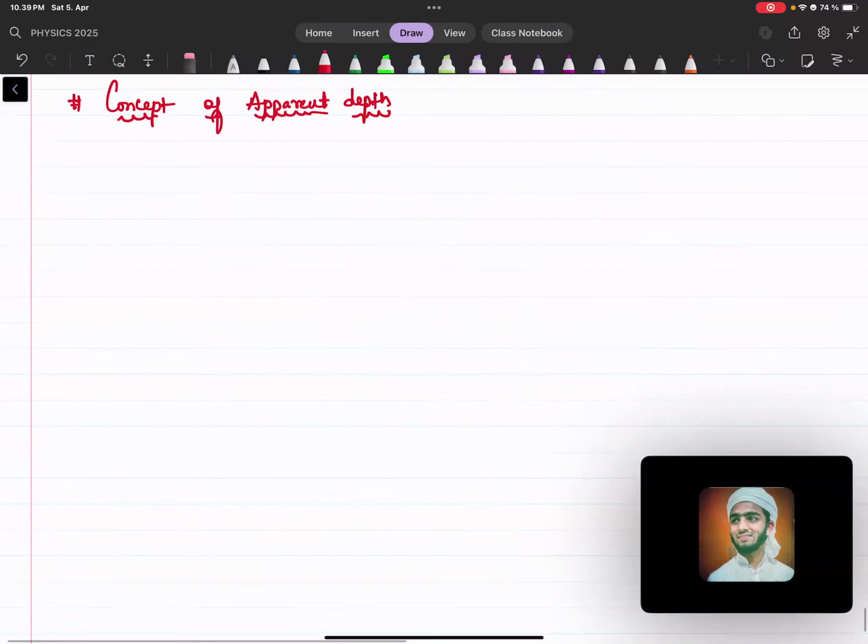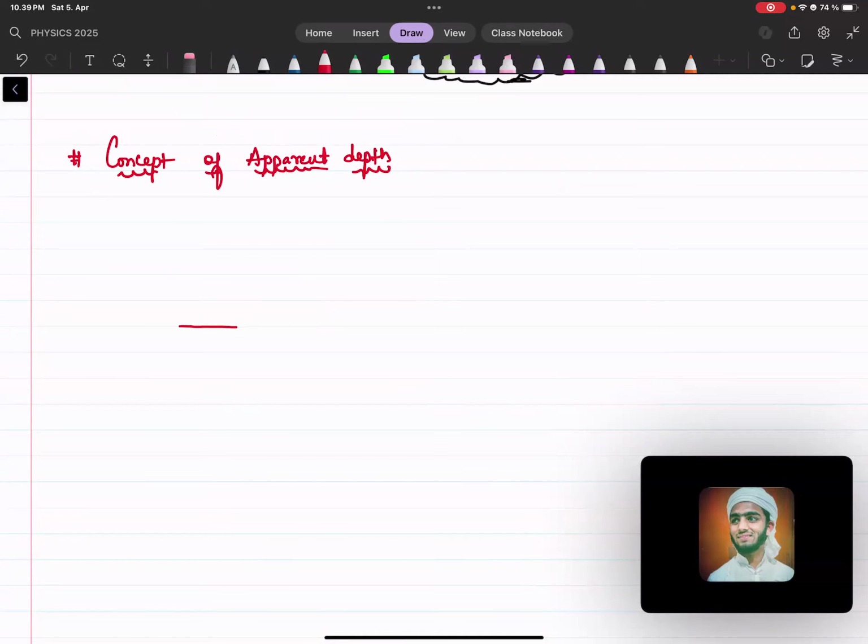If any object is in a denser medium, beta, say for example this is your denser medium, like water, like a 5 rupee coin in a tumbler, and you're seeing from the upper part, this is the actual position of the coin.